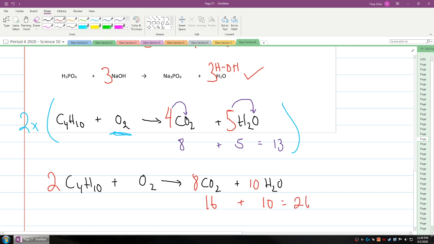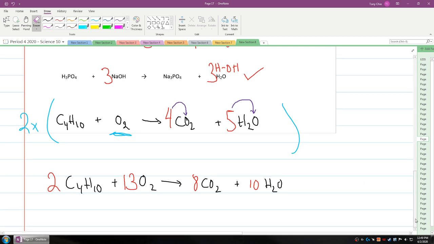That means you have 26 oxygens. As you see, it really just means you doubled this 13 to 26. Well, what times 2 gives you 26? And that number is 13. So instead of writing a fraction now, you now have whole numbers. Because when we balance, we got to make sure we balance all of our numbers with whole numbers. That's a rule we got to make sure we have.